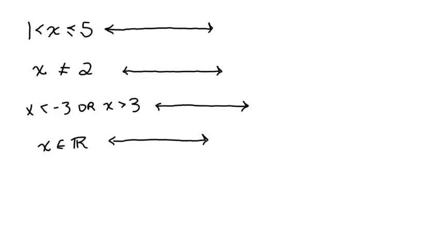Let's look at some more challenging examples you might see throughout your course. Our first example is 1 is less than x, which is less than or equal to 5. Let's begin by putting the numbers 1 and 5 on our real number line. I'm going to have an open circle at 1 and a closed circle at the value of 5, and we want all x values in between these two numbers.